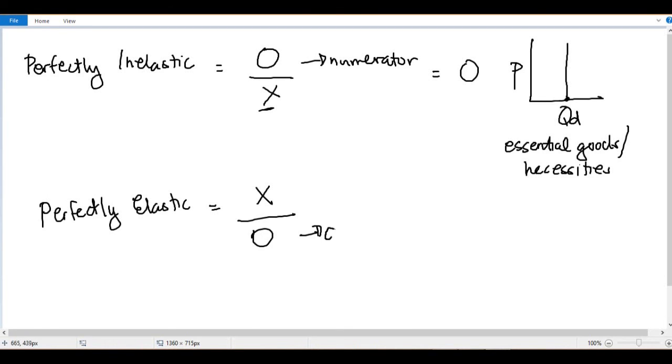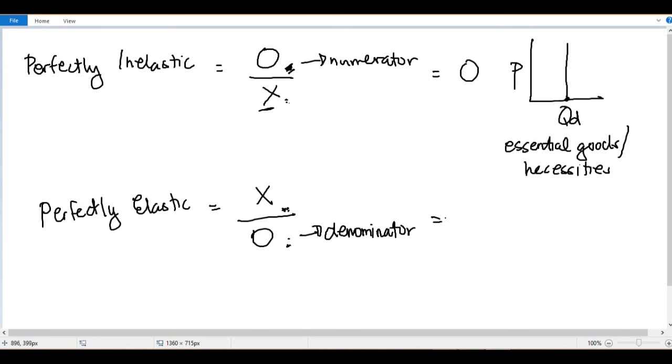In the previous case, the quantity demanded does not change even if the prices change. Here, even if the price does not change, the quantity demanded continuously changes.